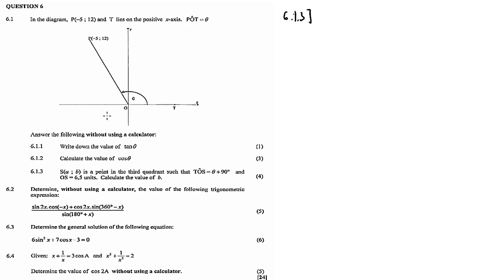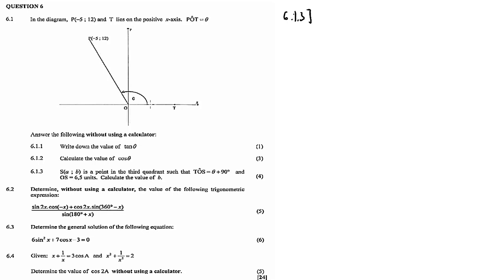So remember S is somewhere around here in the third quadrant, such that TOS is theta plus 90 degrees, and OS, which is the hypotenuse or the radius for that arm, is 6.5 units. We need to calculate the value of B.